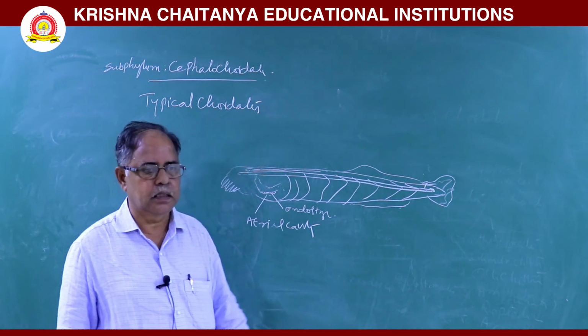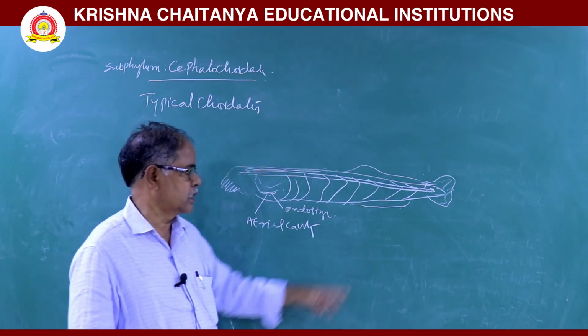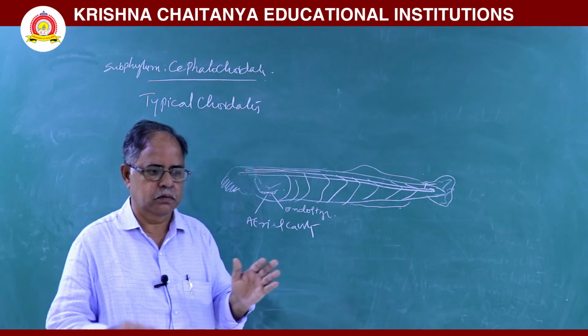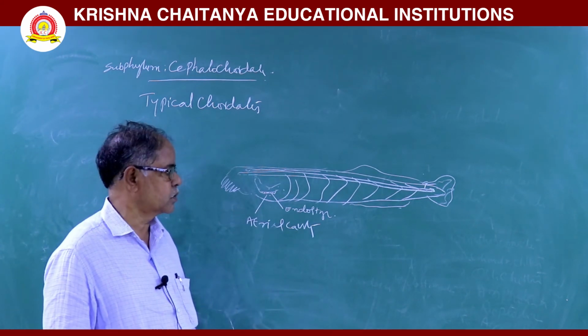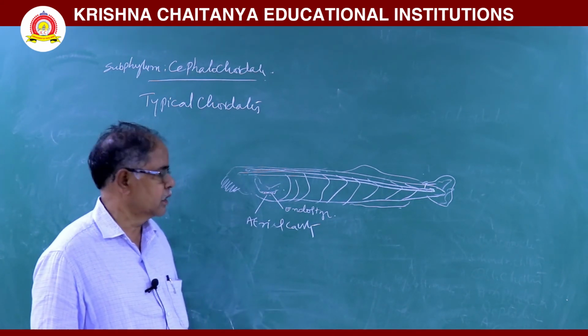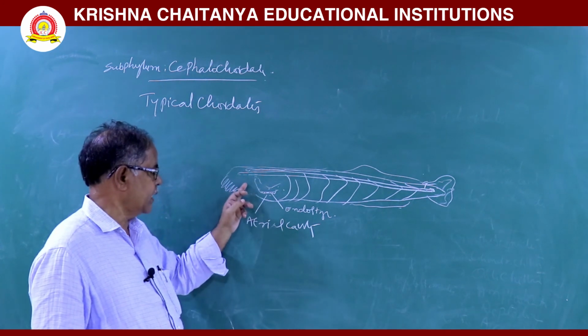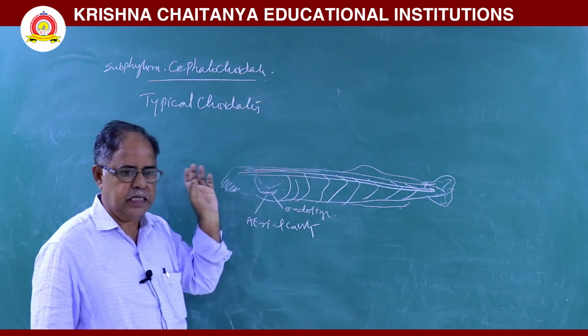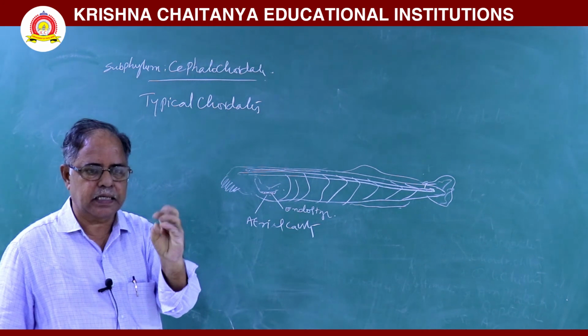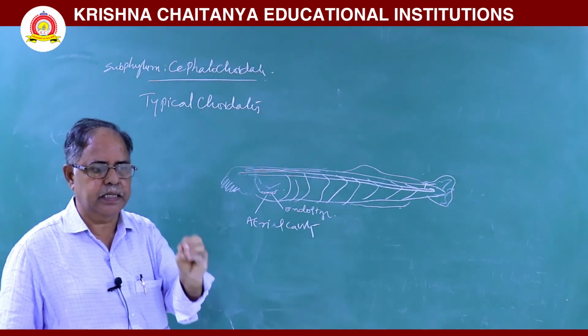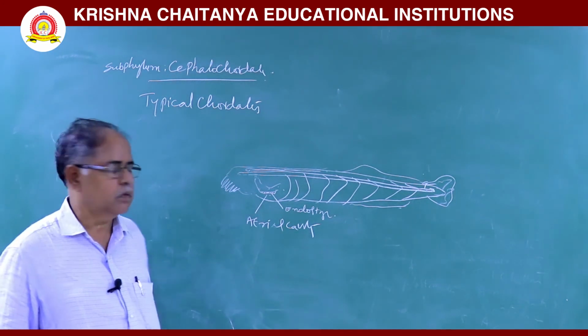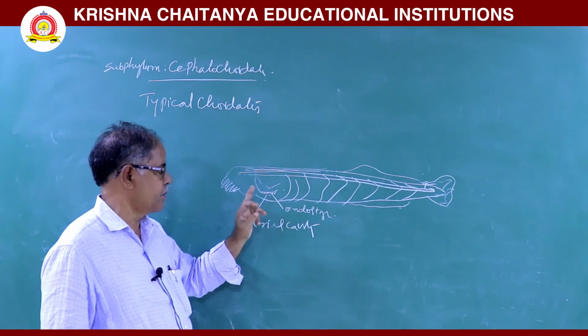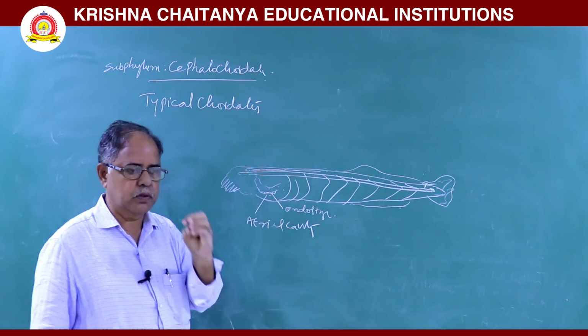Next, here the muscles are arranged as myotomes. Then the pharynx is surrounded by the atrial cavity. This atrial cavity is lined by ectoderm. On the ventral side of this pharynx, one groove is there.